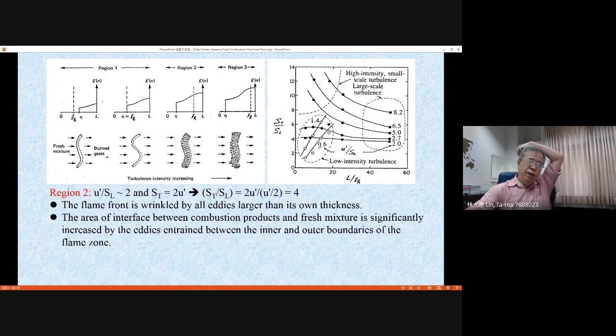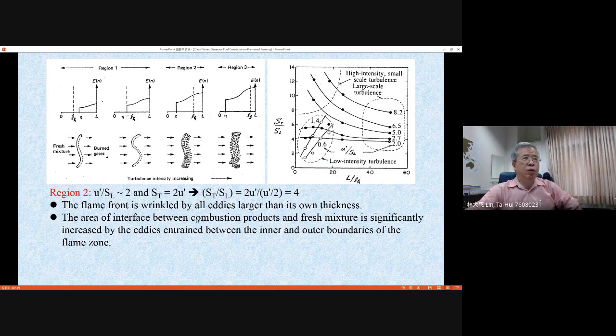Then you further increase your velocity fluctuation larger than 2, and the curve shown in these figures gives you the so-called hyperbolic curve, right? This is completely different from the previous linear variation for lower turbulent intensity.